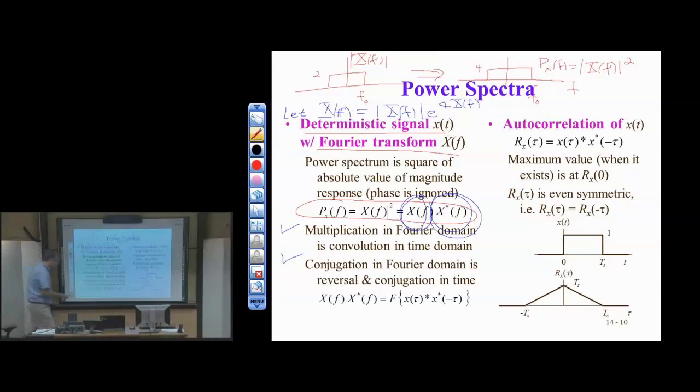If I look at this definition of capital X of f times its conjugate, and break down this product using Fourier transform properties, what it really is, is the inverse Fourier transform of capital X of f, which is little x of tau. So product in the Fourier domain is convolution in the time domain.